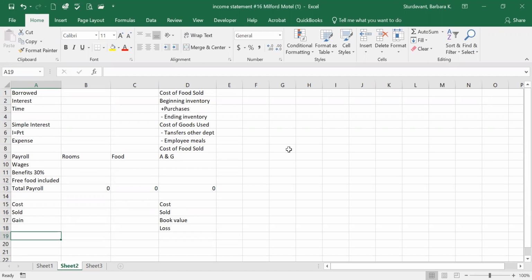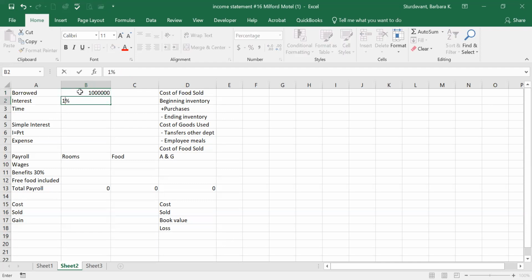So this one, they borrowed money. They borrowed $1 million. And the interest rate this time is 12%.